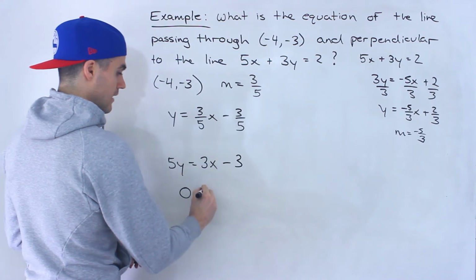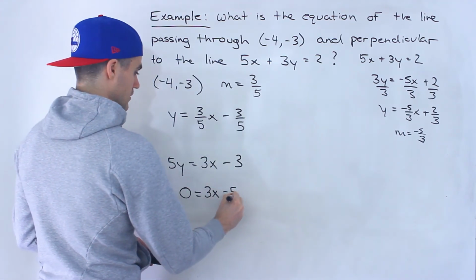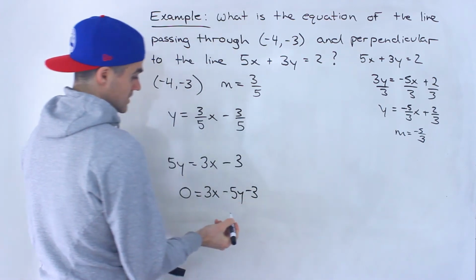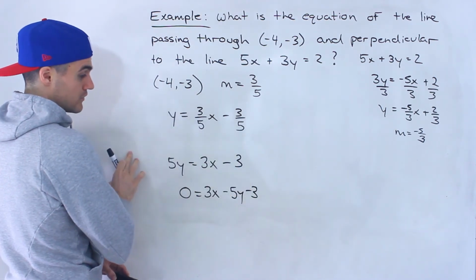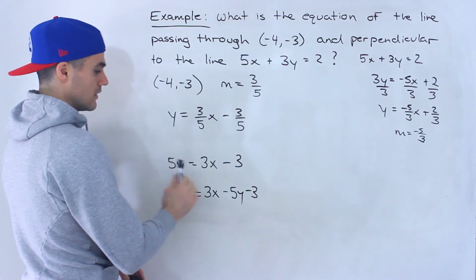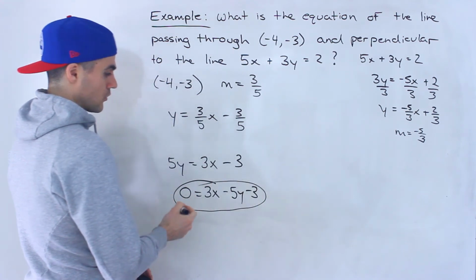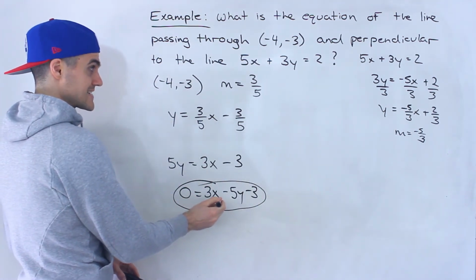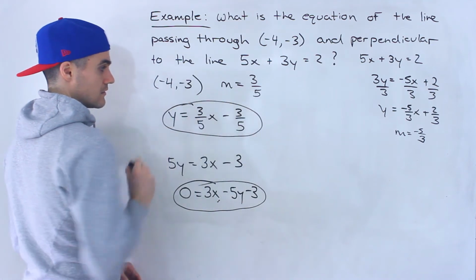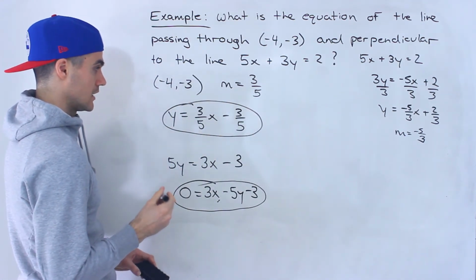We want the coefficient in front of the x to be positive. Or maybe even on a multiple choice test, it might not be positive. Maybe they would bring all of this here. It would be -3x plus 5y plus 3, right? But more likely than not, this would be the format. So this and this are the exact same line, and either one of these could be the answer.